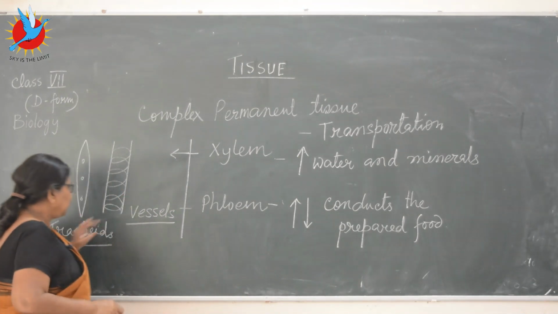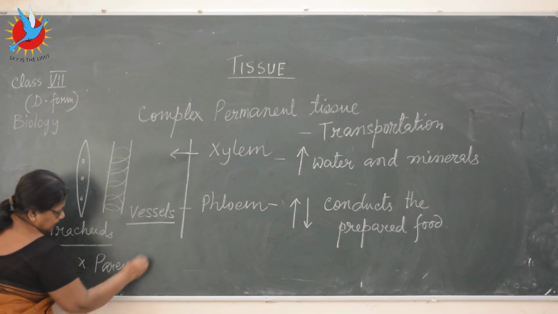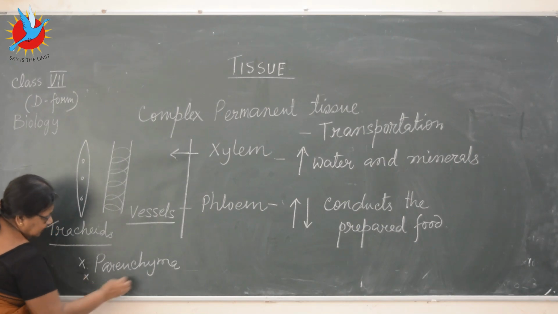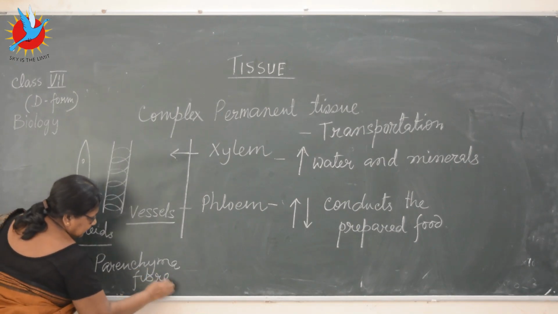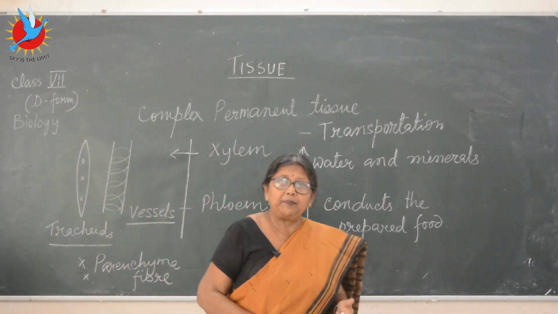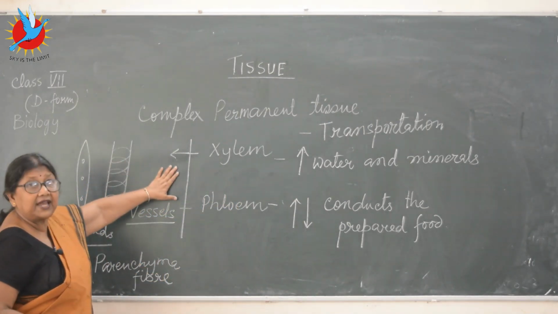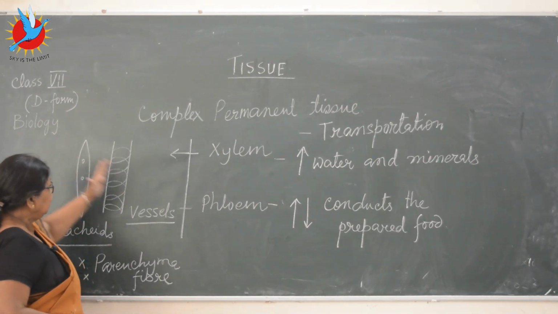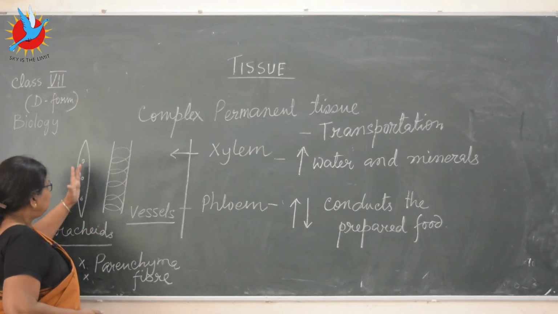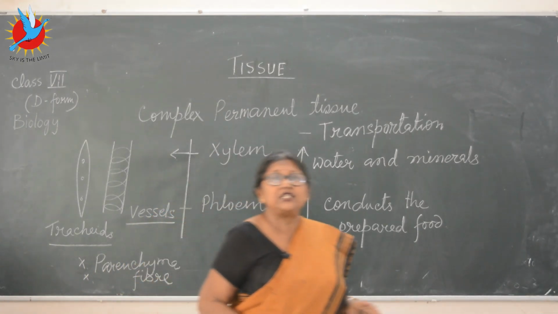Other than these two, there are also xylem parenchyma and xylem fiber. Fiber, you know, gives the strength, and parenchyma makes the bulk of the plant body. So basically there are 4 types of the cells present in the xylem tissue. What are they? Tracheid, vessel, parenchyma and fiber. Learn the spellings and the names. These are the main 2 parts through which the water will be transported upwards.